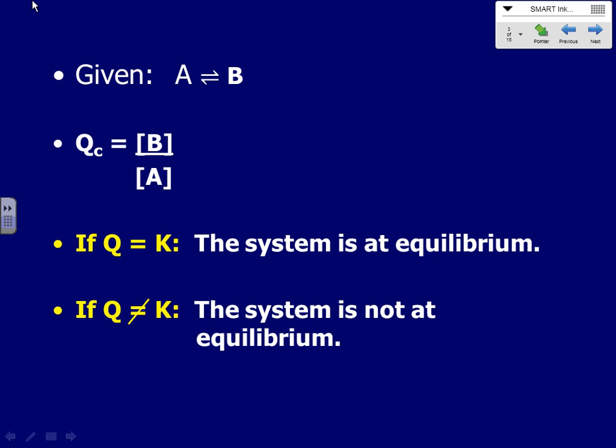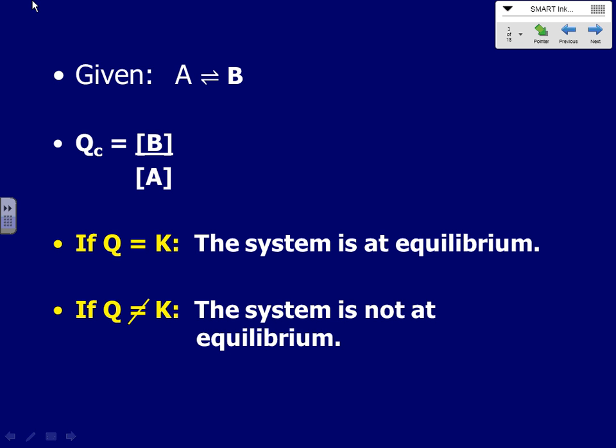Let's now talk about what it means. Now, you'll notice that the Q's equation is just like the K's equation. And therefore, the relationship between Q and products is also direct. But we've got to think of it differently. If a K has a large value, it means at equilibrium there will be a lot of product, right?